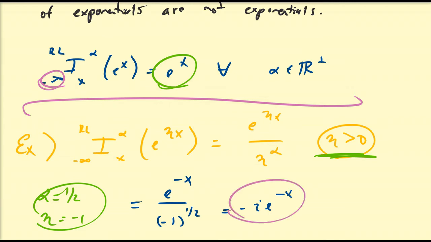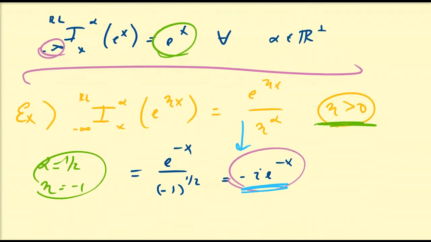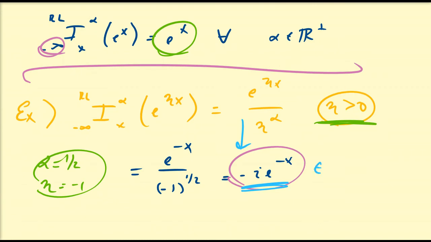So we cannot clearly extend this definition to negative values of eta, even though this is relatively nice, I guess you could say, from an algebraic perspective, right? But this belongs to the complex plane, so that's a little bit problematic. Because if x is a real number, we would ideally like our fractional integral to be some real number as well.